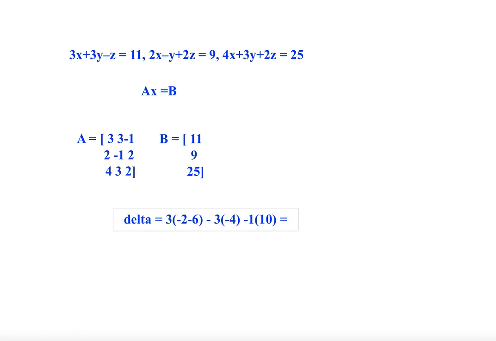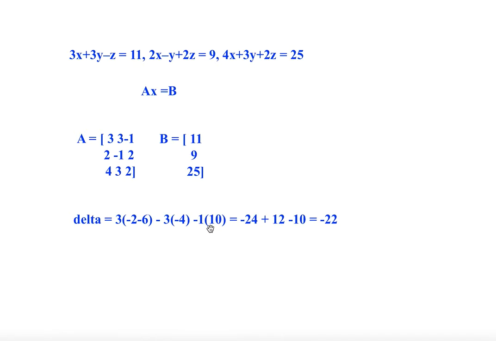So this is 8 into 3, 24, minus 24 plus 12, plus 12. The next one is minus 10. So 12 minus 10 is 2, equal to minus 22. Minus 22 is your delta.